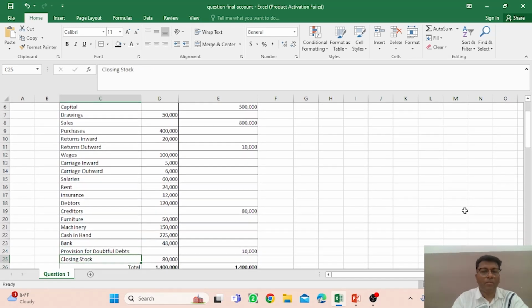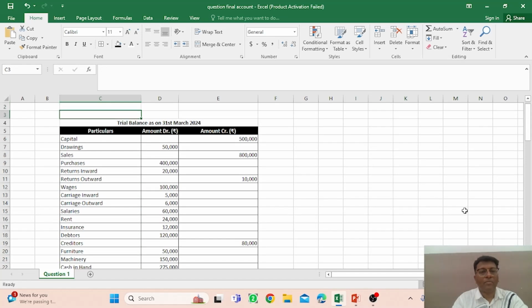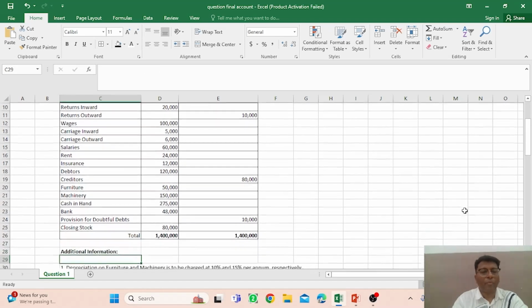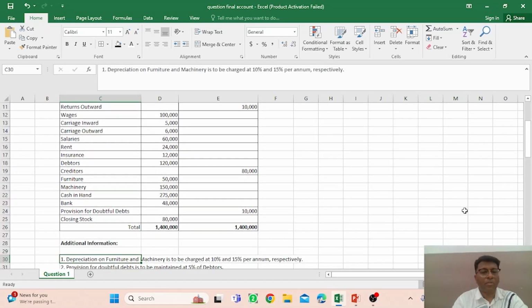With the help of these account balances you have to prepare the final accounts, including trading account, P&L account, that means profit and loss account, and balance sheet.